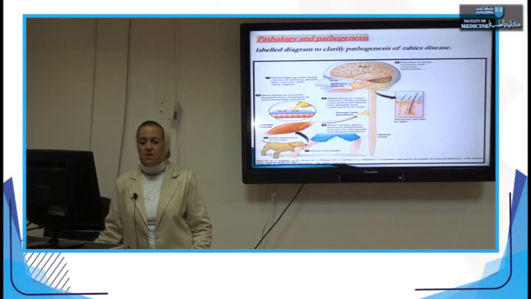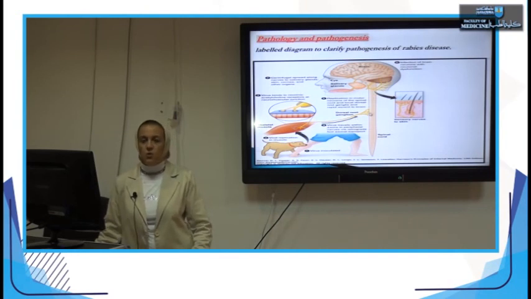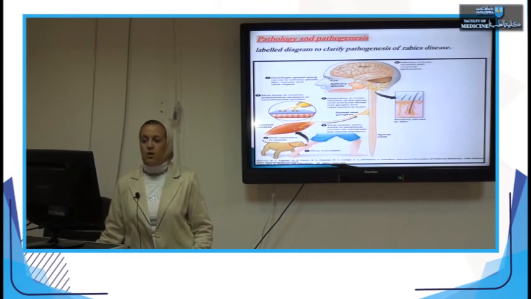Here you can see a dog bite, and then it spreads to the muscle, where it replicates and attaches to specific acetylcholine receptors at the neuromuscular junction. When it has replicated, it goes up through the peripheral nerves to reach the spinal cord. There, replication occurs once more, and the virus ascends to the brain.